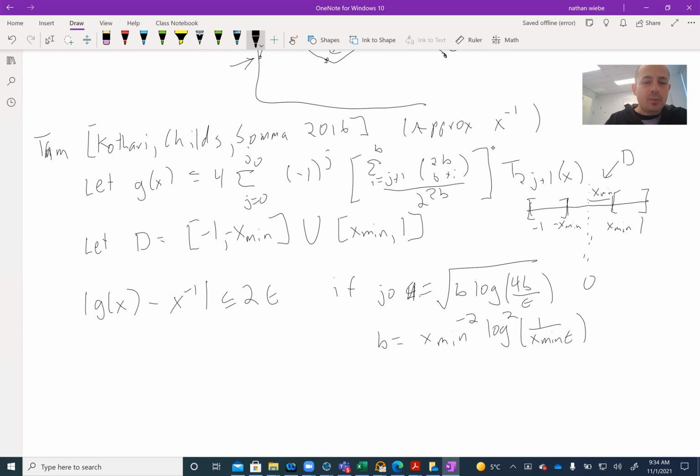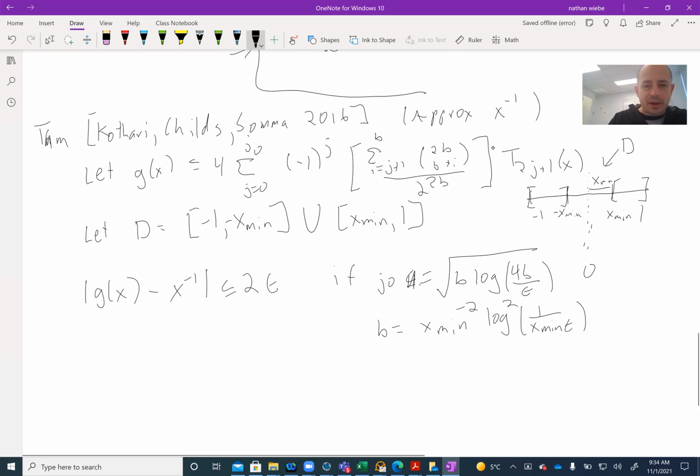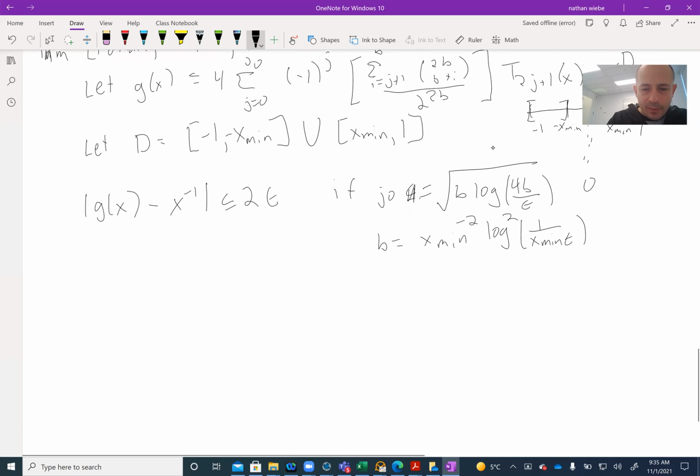All right, cool. So just to give an idea about how this is working, right? If we plot our function, this is what x inverse ends up looking like, right? And we've cut it off at 2 distinct values over here. And we're picking this odd degree Chebyshev polynomial in order to be able to approximate it.